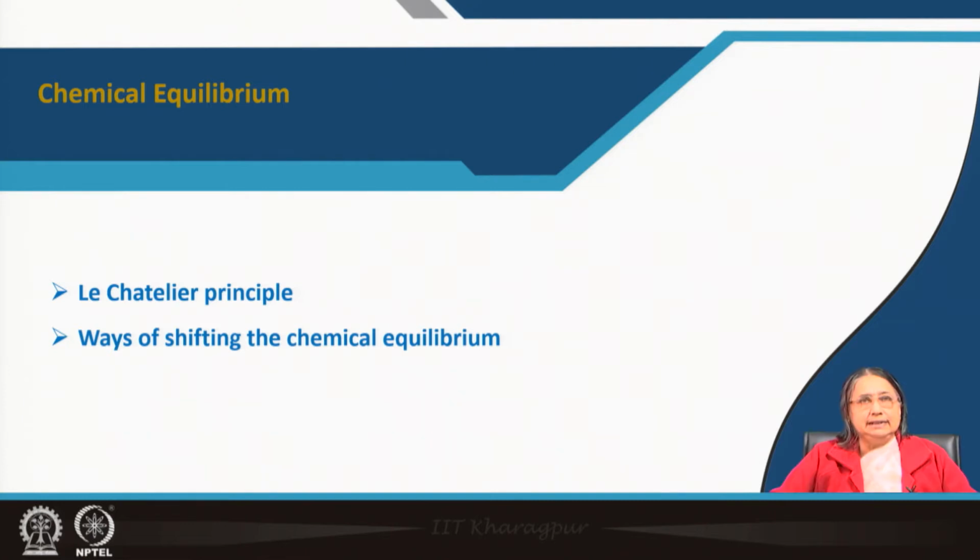Now, in this lecture I will tell about the Le Chatelier principle, which is very important in the chemical equilibrium concept, and I will also tell you how we can drive a chemical reaction towards the forward reaction or backward reaction. That means, how we can shift the chemical equilibrium.